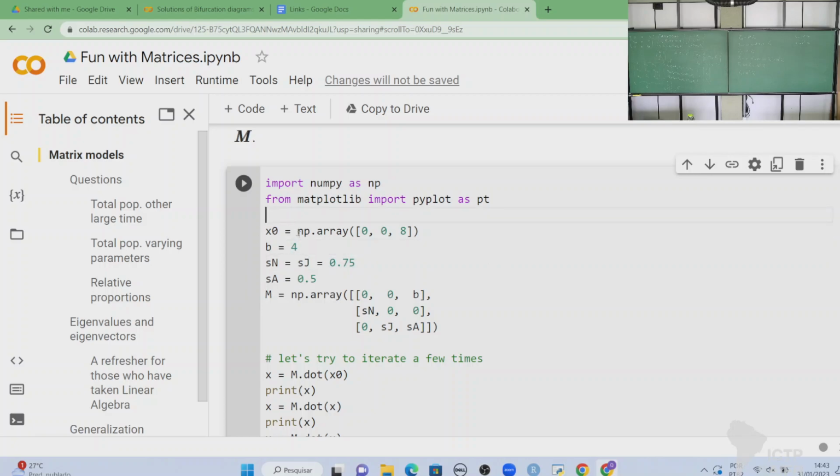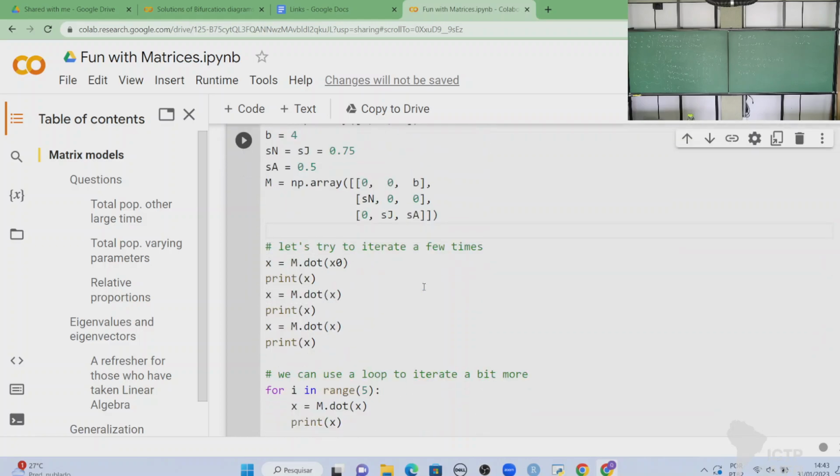So we write the initial condition, we write the parameters here, and now we shape our matrix here using a 2D array, okay? And now how do I do a matrix product using NumPy?